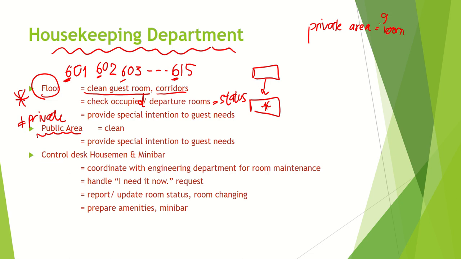Room, right? It is the guest room. And who is the staff, the person who takes care of the guest room? A room attendant, right? A room attendant who is from the floor department.